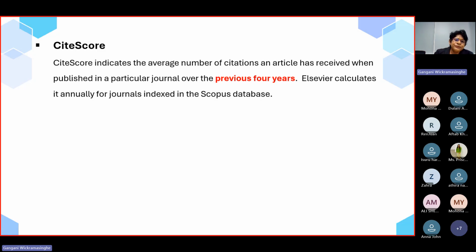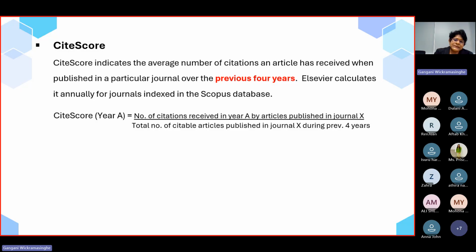And what is different about impact factor and CiteScore is that impact factor considers the articles that have been published within a 2-year period, whereas CiteScore considers a 4-year period. Articles published during a 4-year period. So that's basically the difference. Other than that, the calculation is the same.